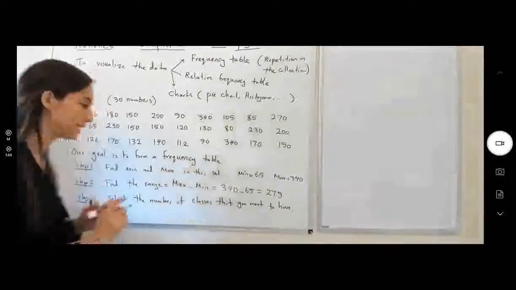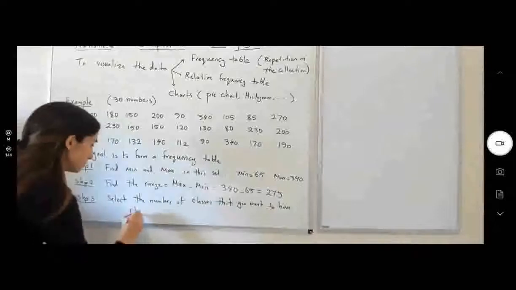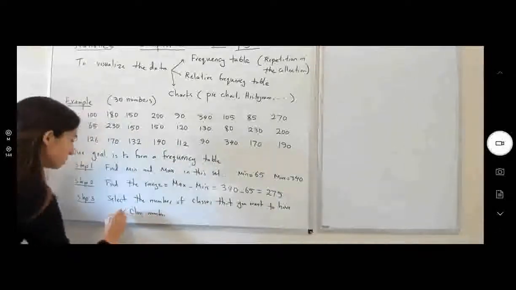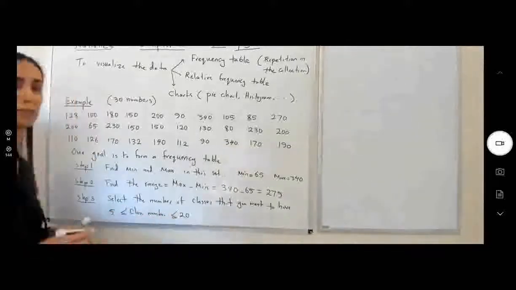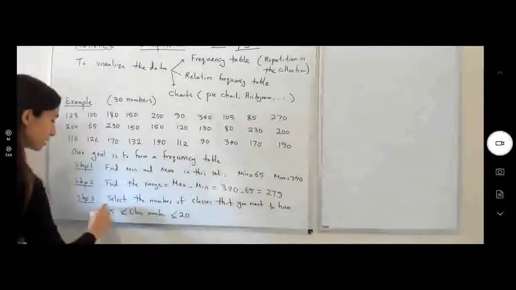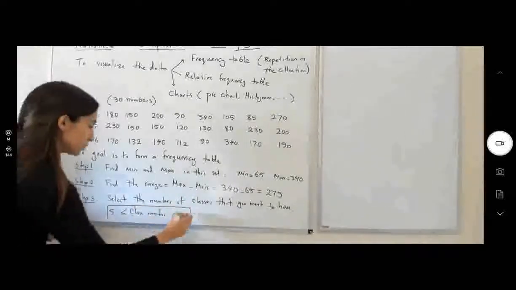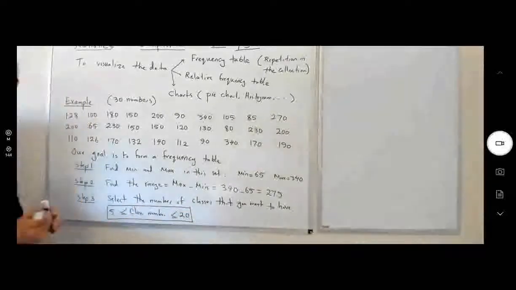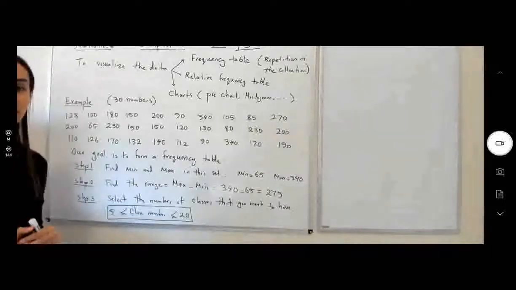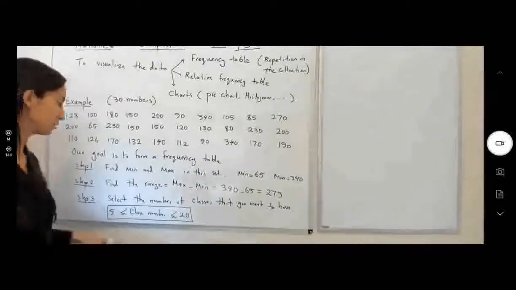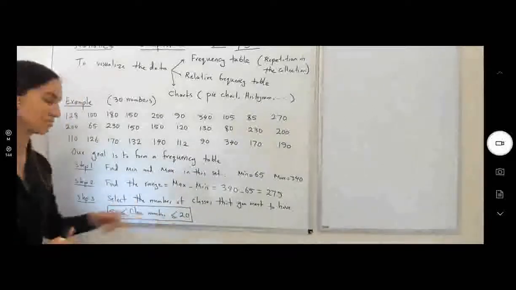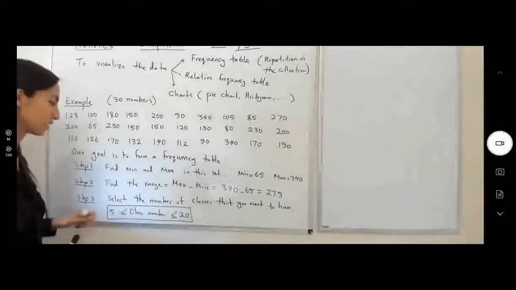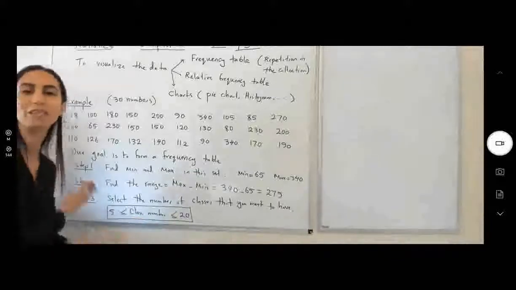But note that class number is a number between 5 and 20. This is the rule that we use to pick or select a class number. Any number between 5 and 20 is inclusive. So you can select 5 or 20 or any number in between.